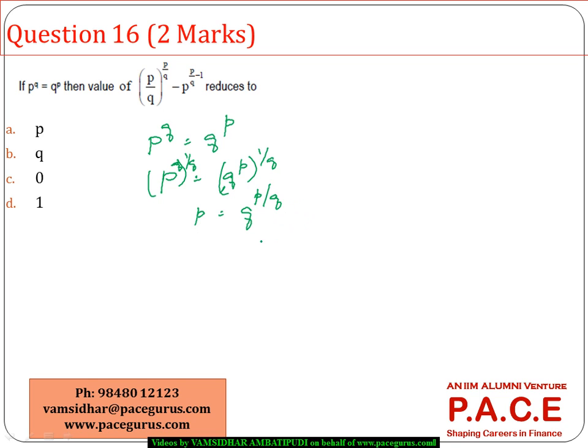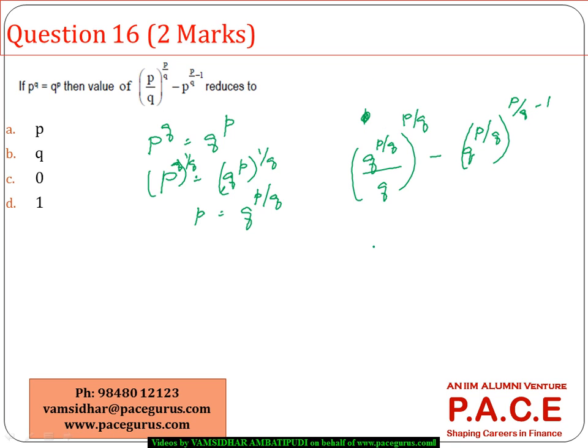So I can substitute the same. In case of p, I'll write it as q power p by q, divided by q to the power p by q, minus, in place of p, I'll write it as q power p by q to the power p by q minus 1.